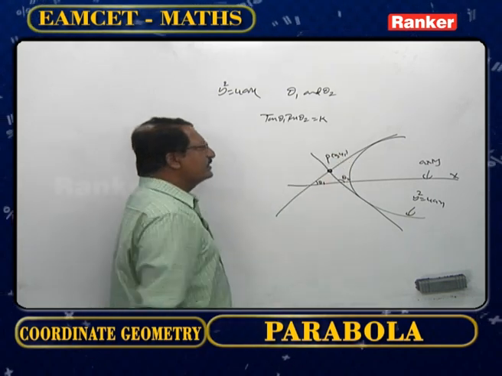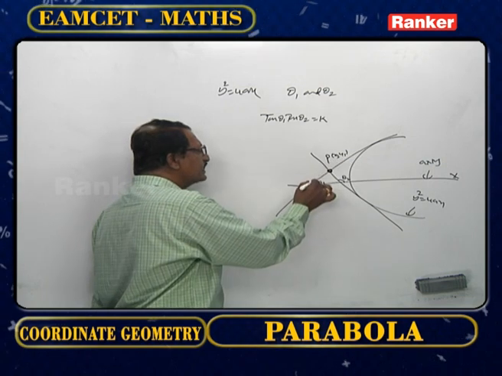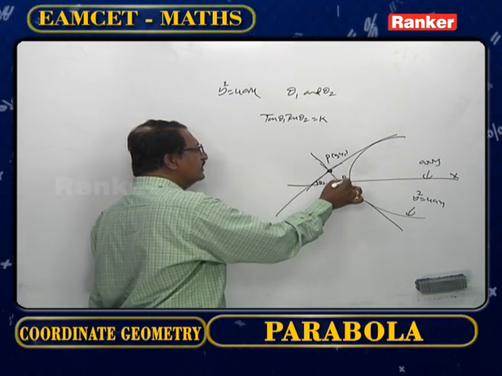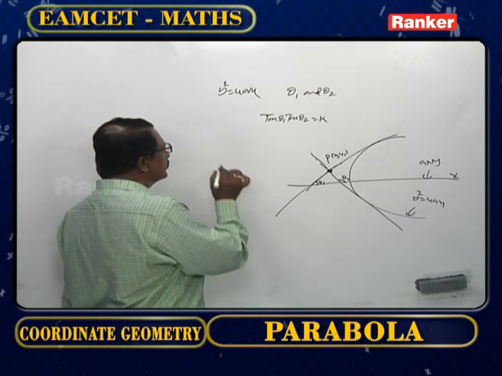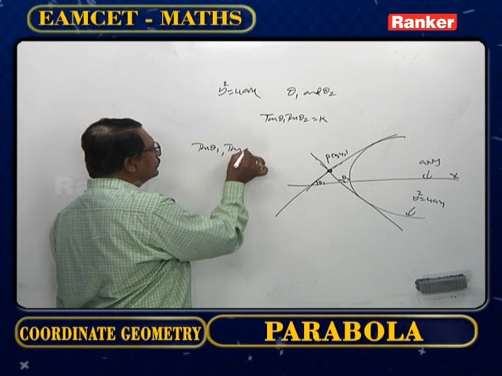Consider P(x1, y1) as the point of intersection of the tangents. Now, one tangent makes an angle theta 1 with the x axis, the second tangent makes an angle theta 2 with the x axis. The slopes of the tangents are tan theta 1 and tan theta 2.